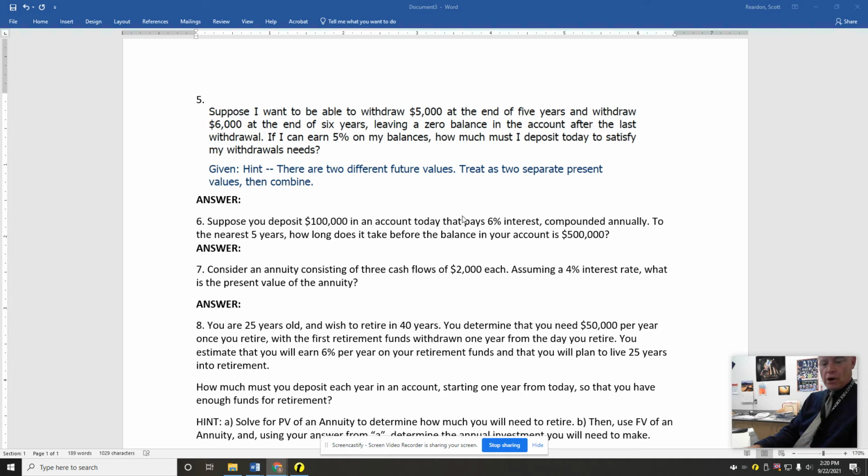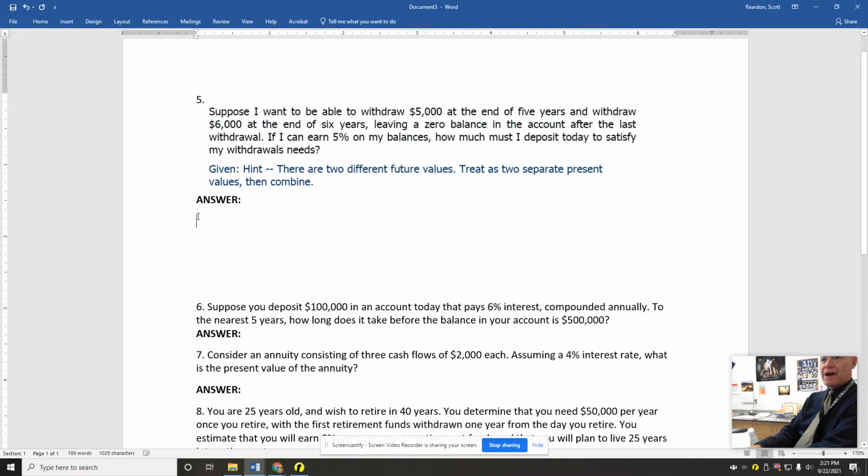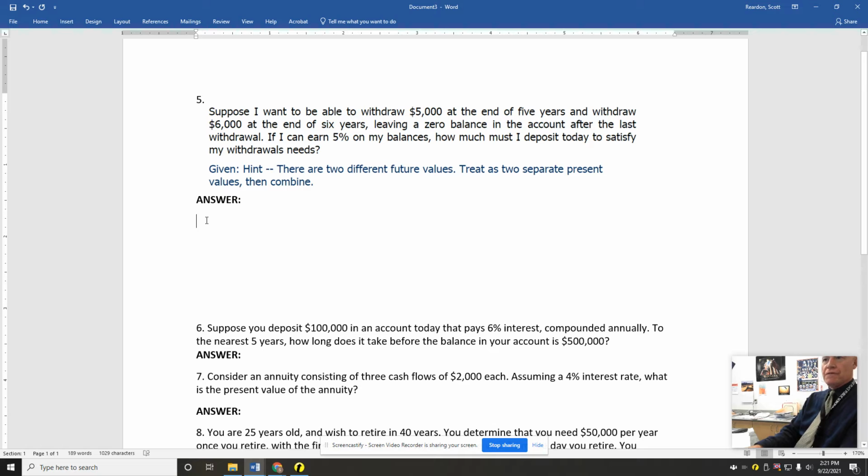All right, I wanted to follow up with today's homework with just some helps here. I'm not giving any answers here, but let's just do some helps. Number five, and we have two flows of money. We have a flow where we need $5,000 after 5 years.